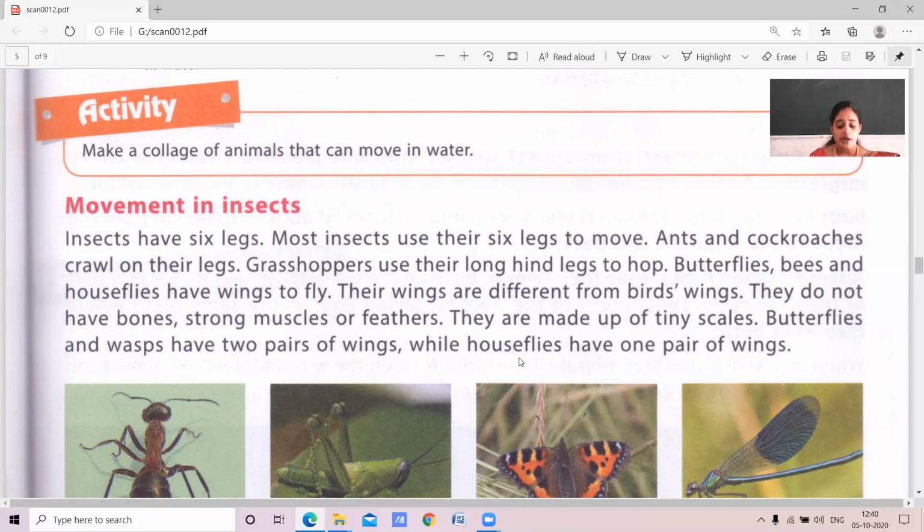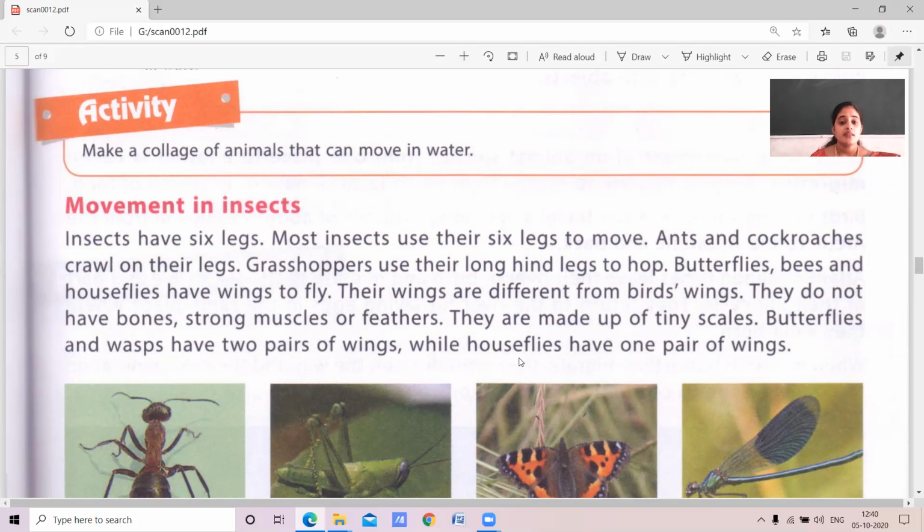Okay. Butterflies, bees, and houseflies have wings. You have seen the wings of butterflies, bees, and houseflies. How will they move? They use the wings for movement.